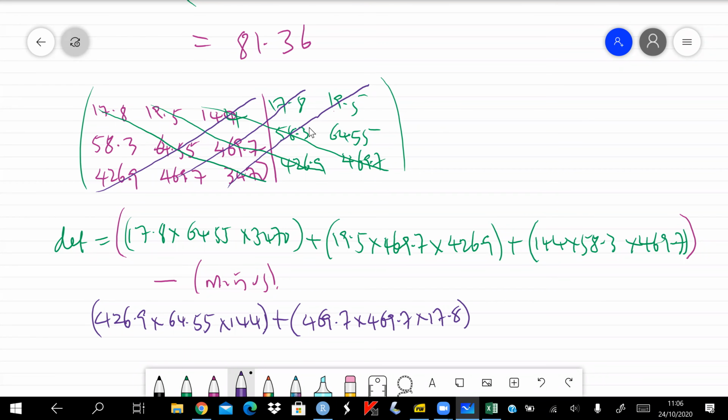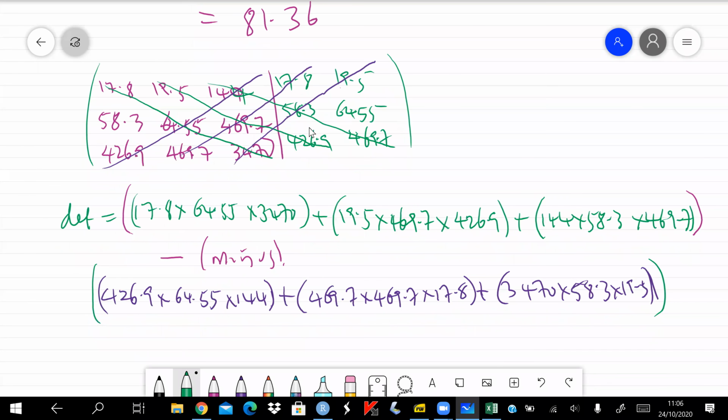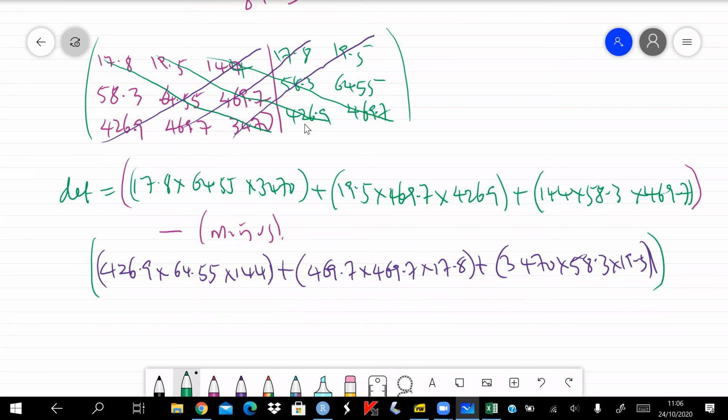These are plus. Then another plus 470 times 58.3 times 19.5. Then remember we have brackets like this, and we'll get the determinant of that value.